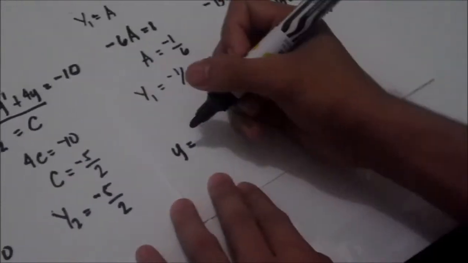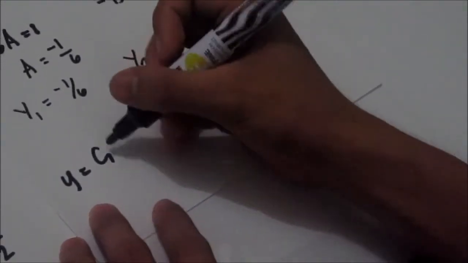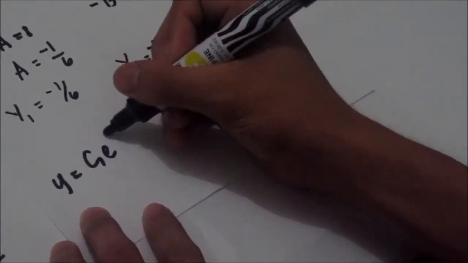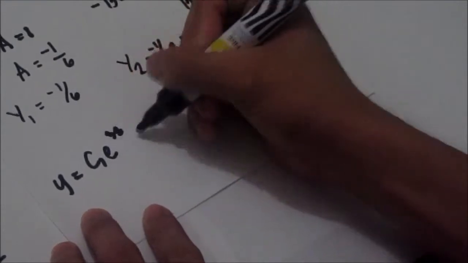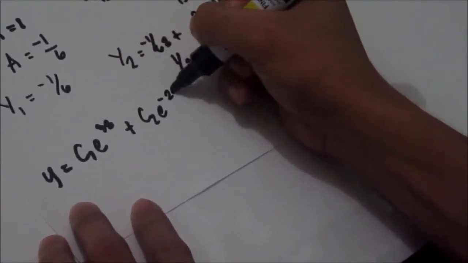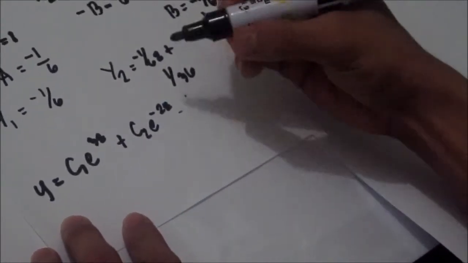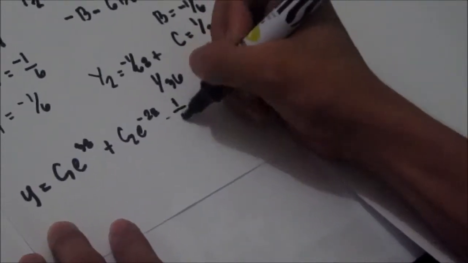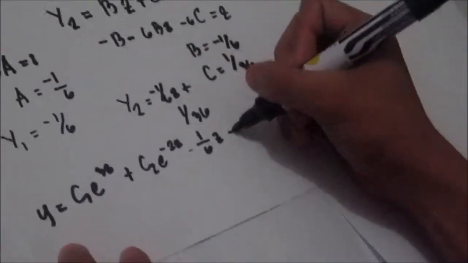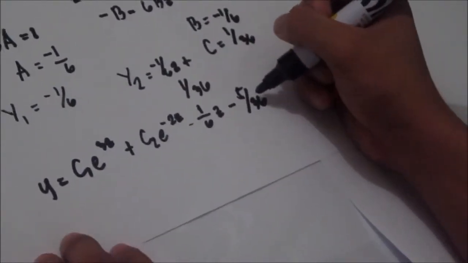Y is equal to c1 e to the 3z plus c2 e to the negative 2z minus 1/6 z minus 5/36.